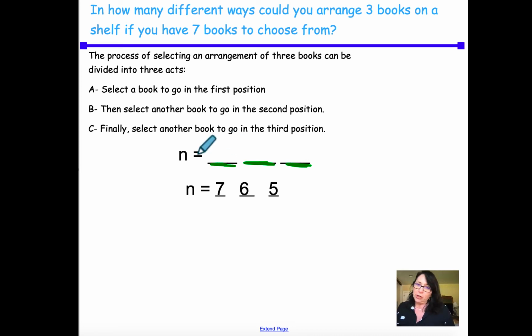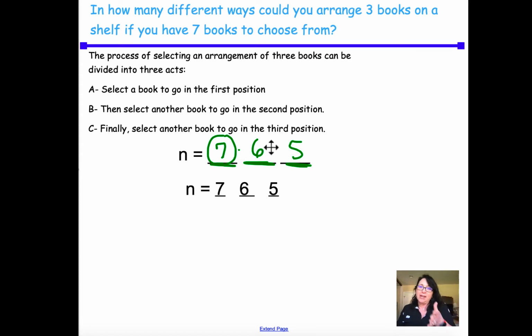In the first position, how many books do I have? I have 7 books, so 7 different options for the first space. But once I've taken one of my books out, now I have 6 different options. Then I take that second book out, and for the third spot I only have 5.